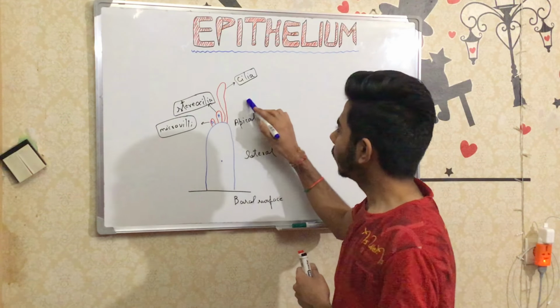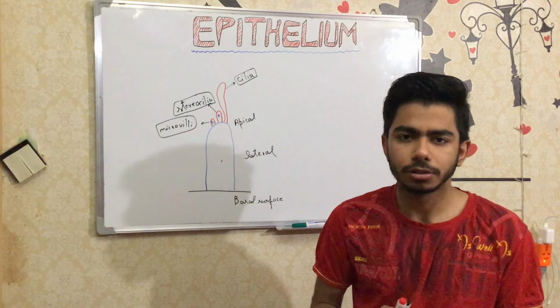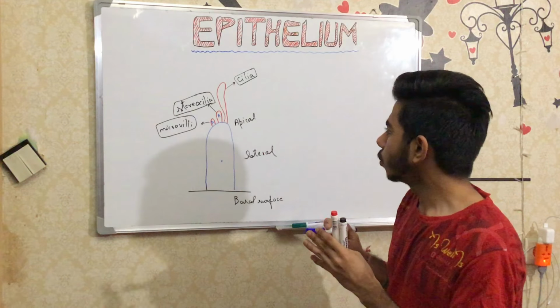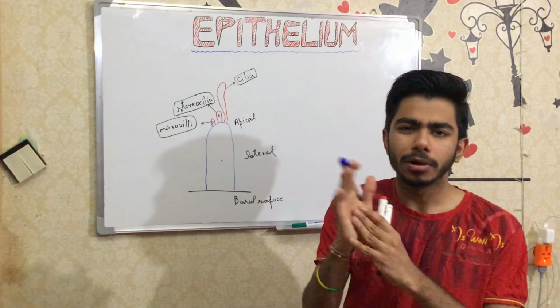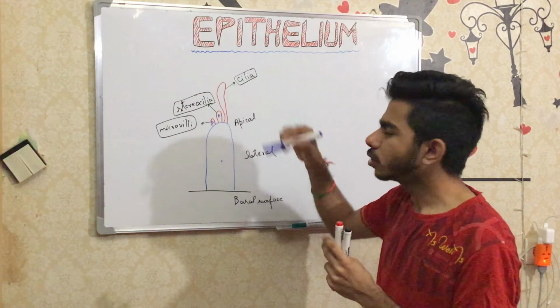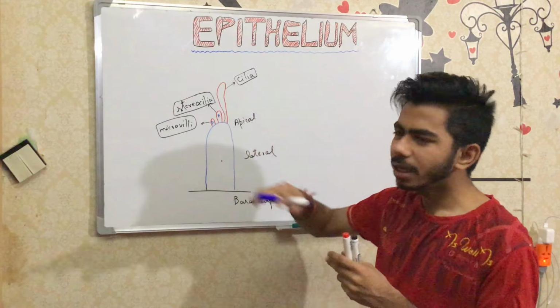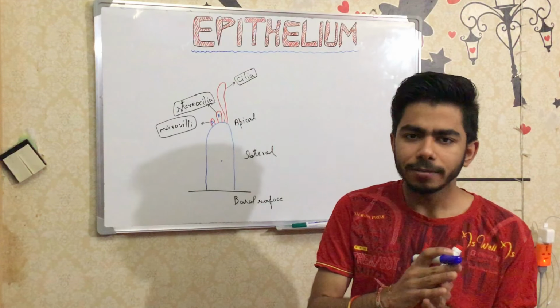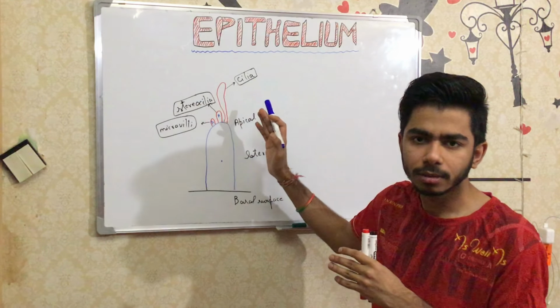Now, those patients who are suffering from immotile cilia syndrome, what will happen? These cilia will not be able to move properly, because they are not much developed, or they are underdeveloped. So they will not be able to clear up the mucus present in the trachea.